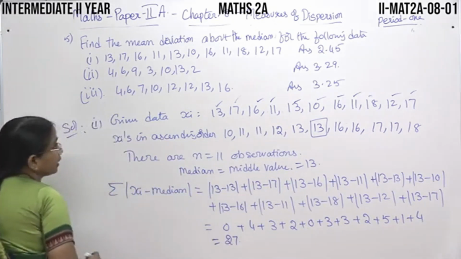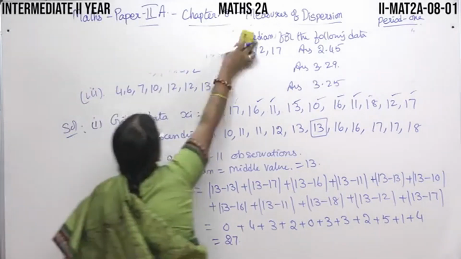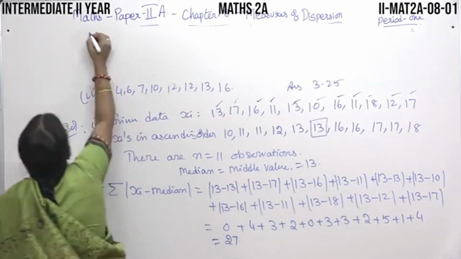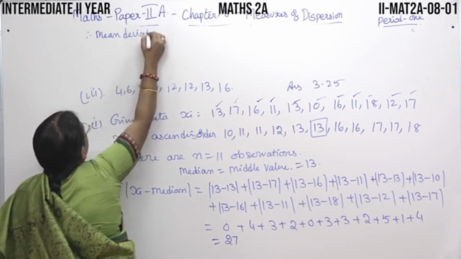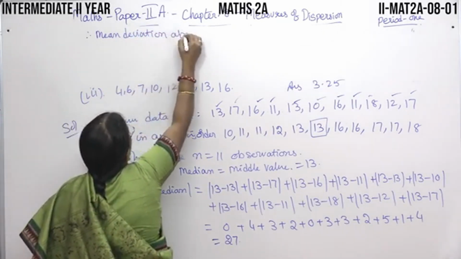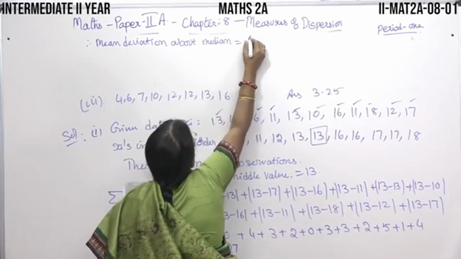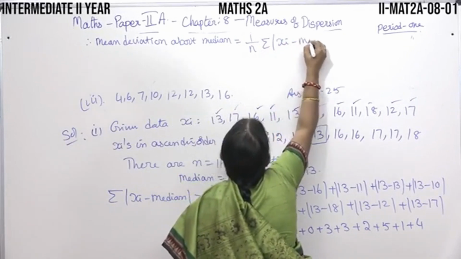Now we'll write: therefore mean deviation about median is equal to 1 by n into sigma of mod of xi minus median.